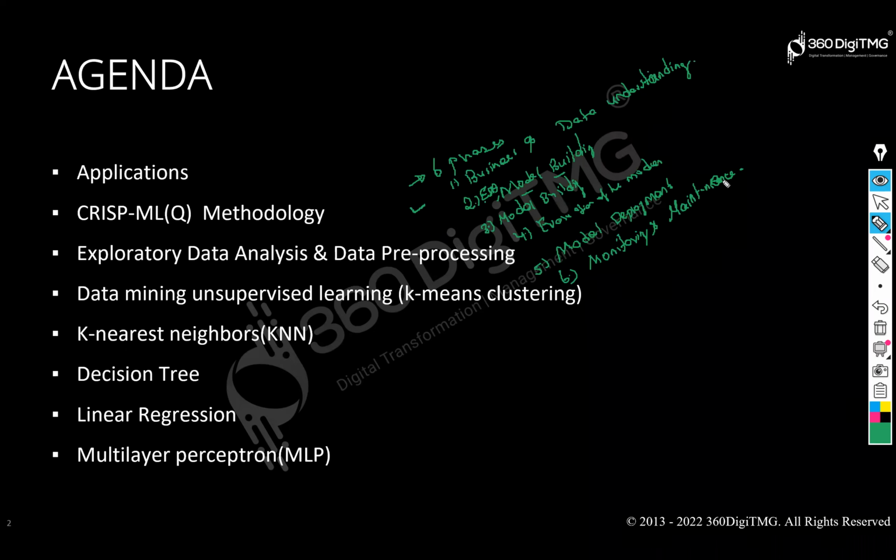In the model building process, we will try models like KNN, the K nearest neighbor algorithm. We should know which algorithm is used and how it works. Then we have decision tree.